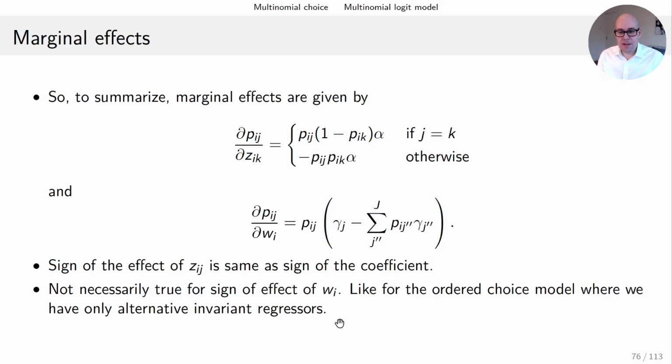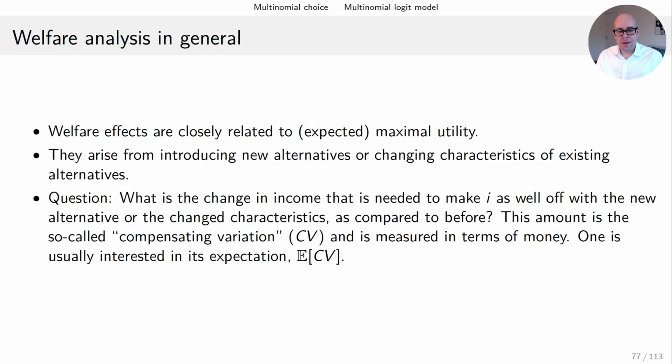Here we have a parallel to the ordered choice model, that it could be positive or negative depending on which alternative one looks at. What it really depends on is whether the gamma j is relatively big relative to the weighted average gamma j. Good.